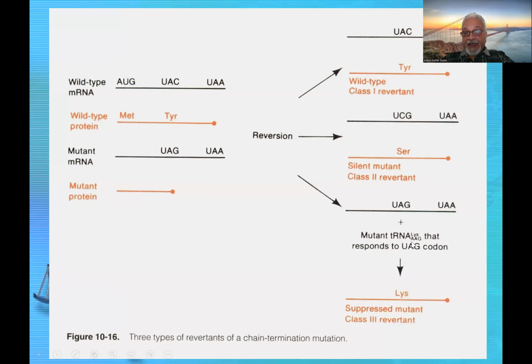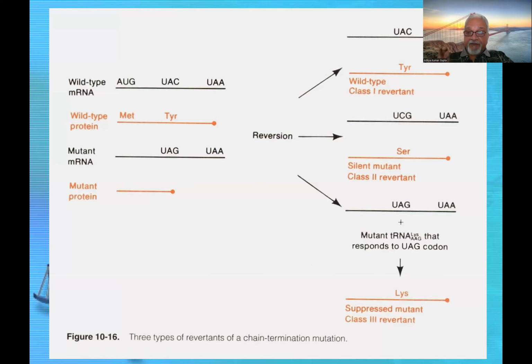Okay, so AAG, this is the mutation happening in the anticodon region of the tRNA, which is responsible for adding lysine. So that is becoming AAG, and that is able to respond to this UAG, which is the mutated codon, and it is able to read this as a right codon for lysine and puts lysine there.